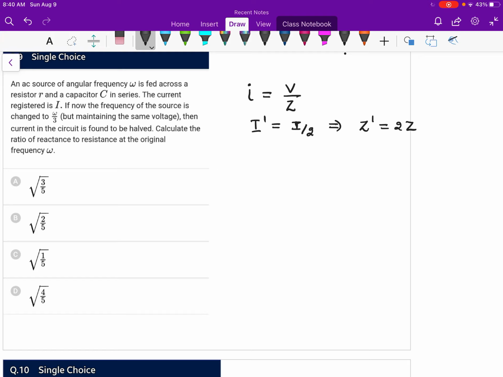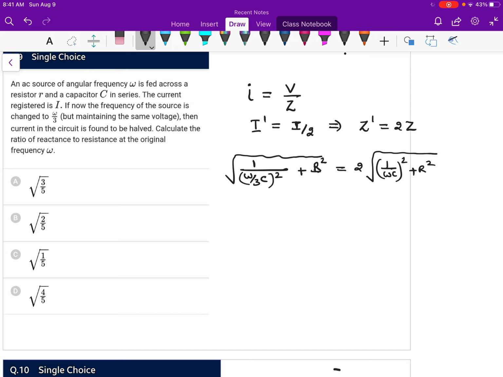Okay. So Z dash is Xc, 1 upon omega by 3 C. This is Z dash, so root of (1 upon omega 3 C) whole square plus R square is 2 times root of (1 upon omega C) square plus R square. Okay.